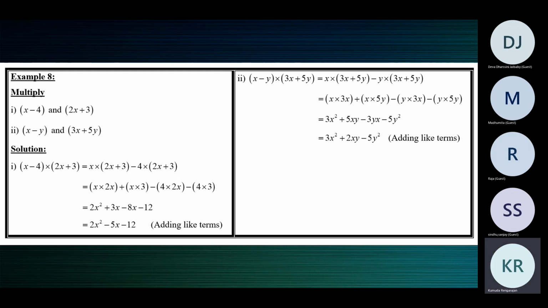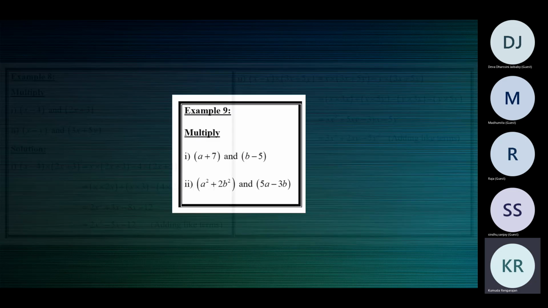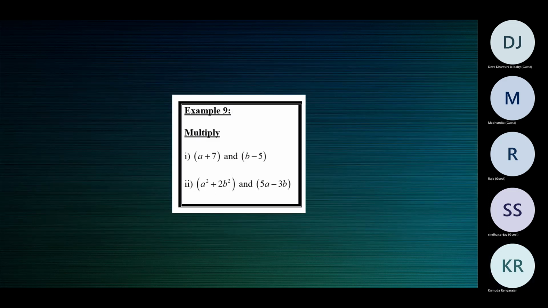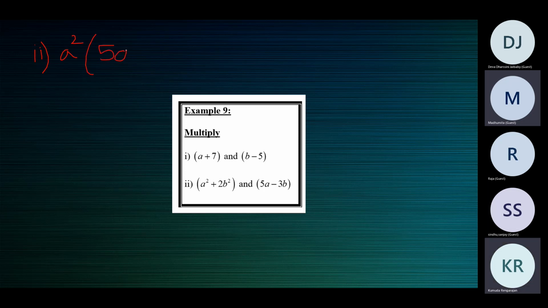Okay, if you don't remember, take a screenshot. You can complete this. What is A? Tell me the second one in this. How do we multiply? Ma'am, a square into 5a minus 3b plus 2b square into 5a minus 3b, ma'am.